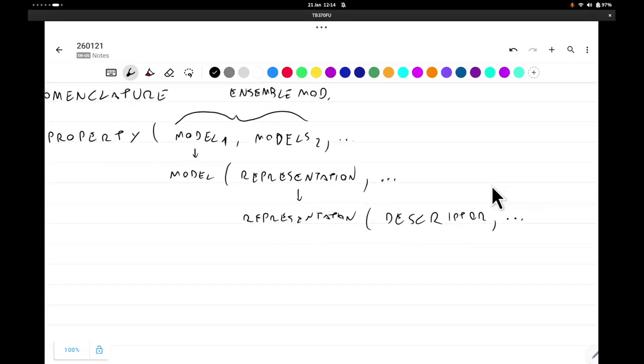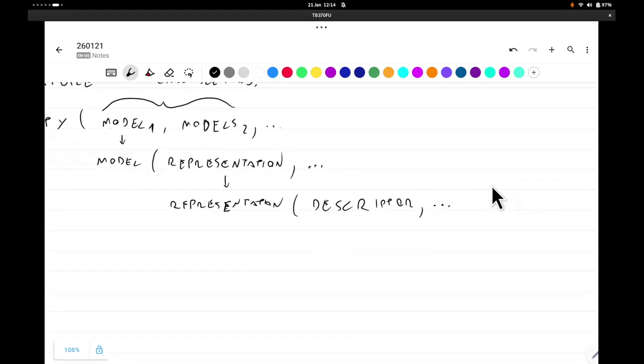So in a decision tree, these two would be the same because your input descriptor is what enters the model, and the model makes a prediction on the basis of the descriptor. In a neural network, the descriptor would be the input, x1, x2, x3, and the representation would be the inner representation.